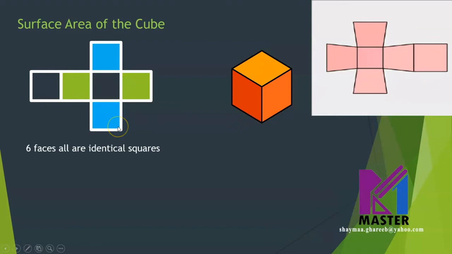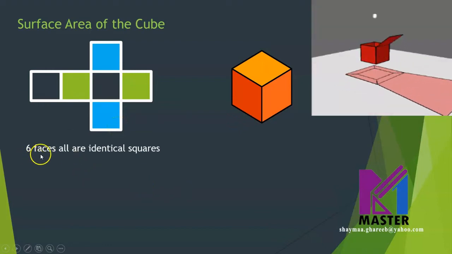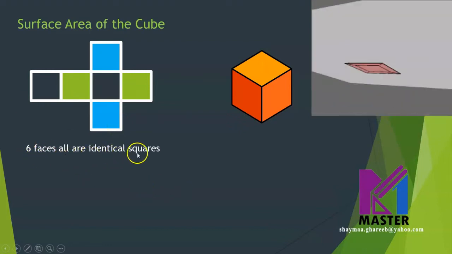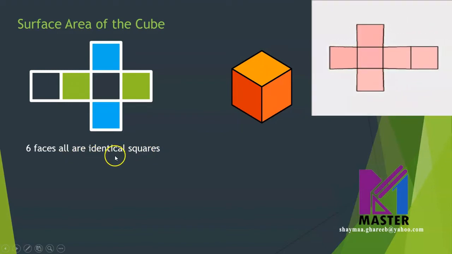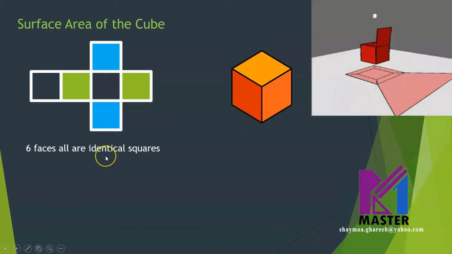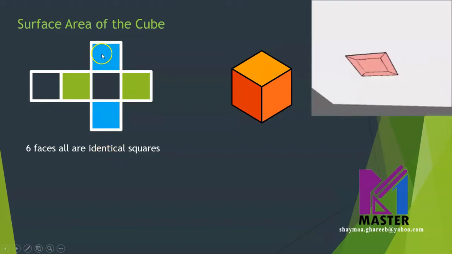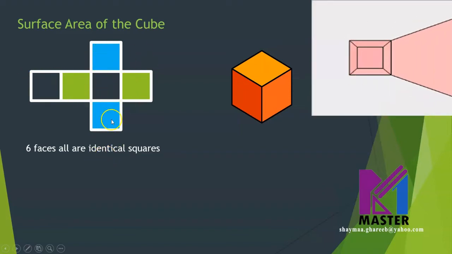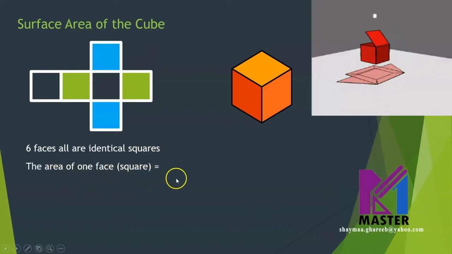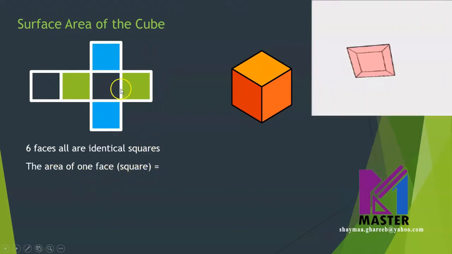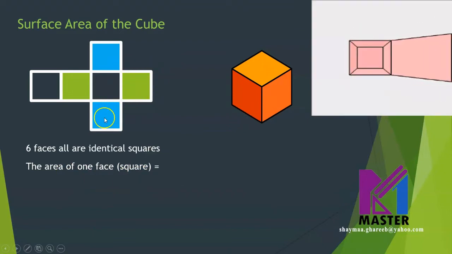Now let's see, as we said, it has 6 faces, all are identical squares. The meaning of the word identical means that they have same size and same length. So all the squares here have the same area. The area of one face, we said each face is a square.